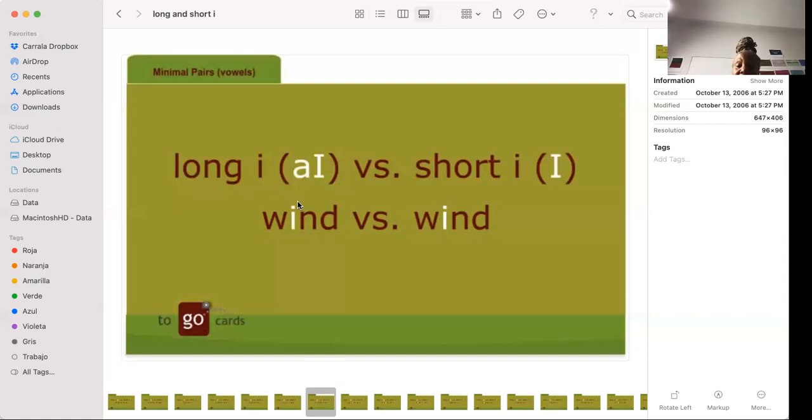And then wind is, in the normal alphabet, they look the same. But if you were to spell them phonetically, they would not look the same. These are homographs. Two words written exactly the same, but pronounced differently.